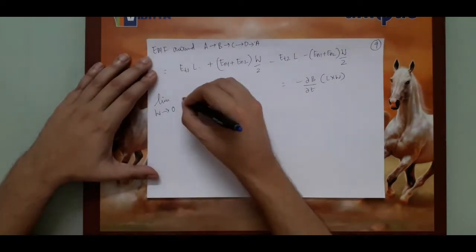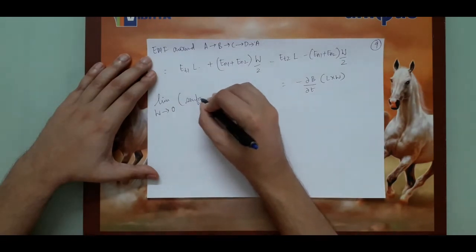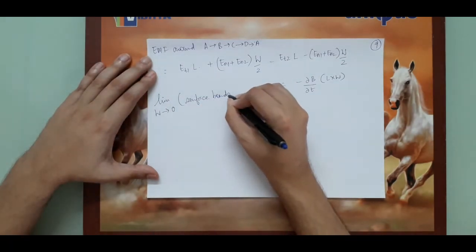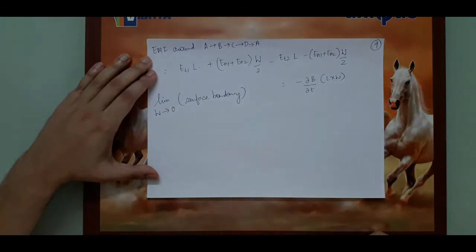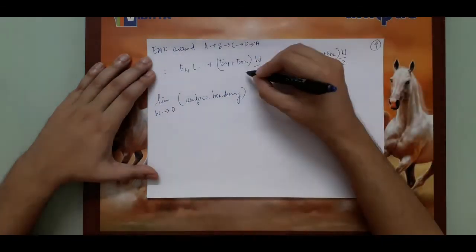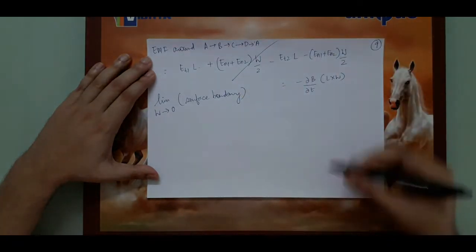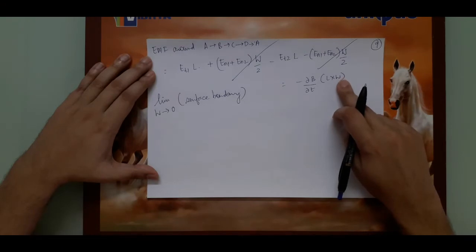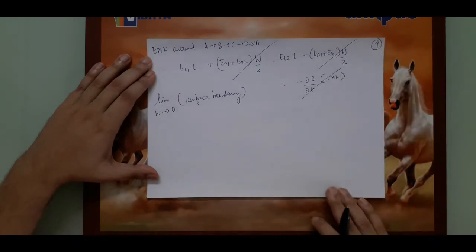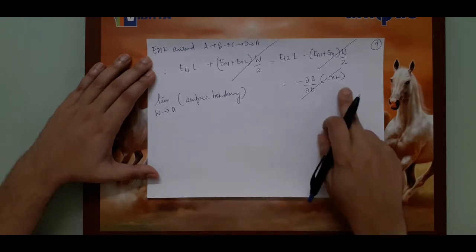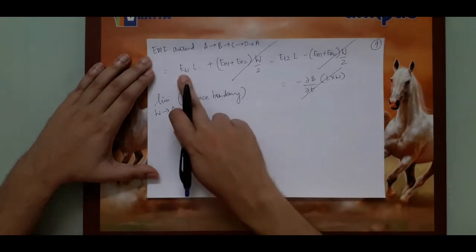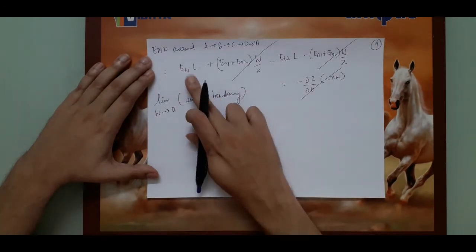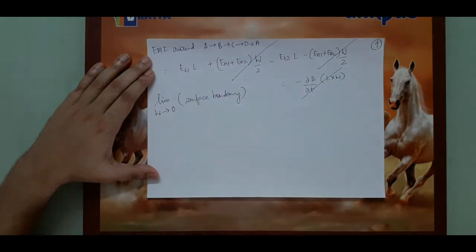So to observe the phenomena at the boundary, I can put the limit W tends to 0. The moment I put that, this term will get cancelled, this term will get cancelled. And even over here, the area will tend to 0, so this is going to get cancelled. So the right hand side will become 0. Only what I have is ET1 minus ET2 equals 0.